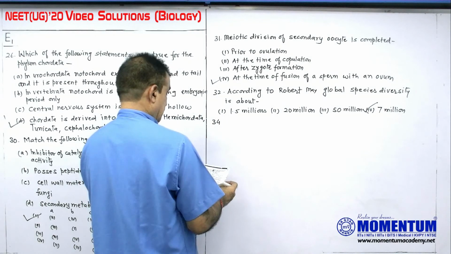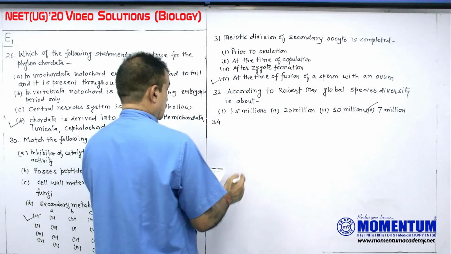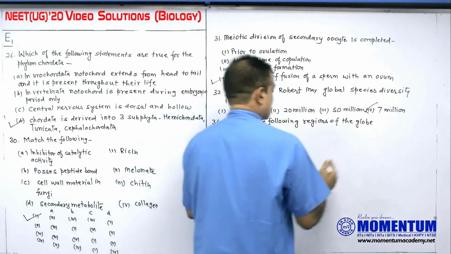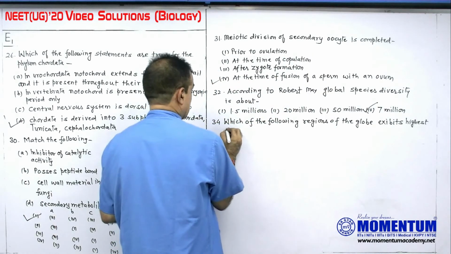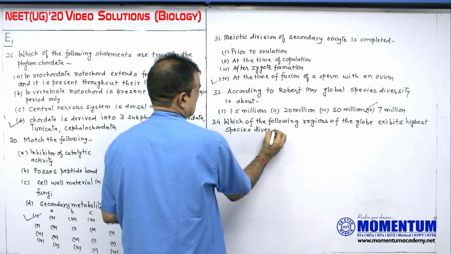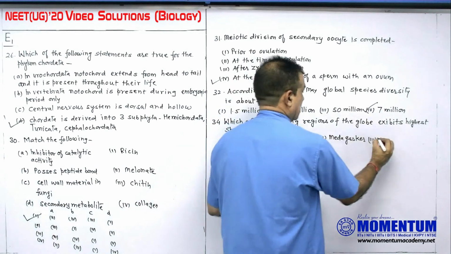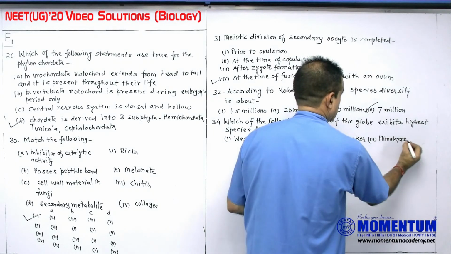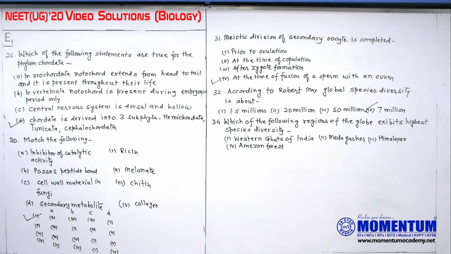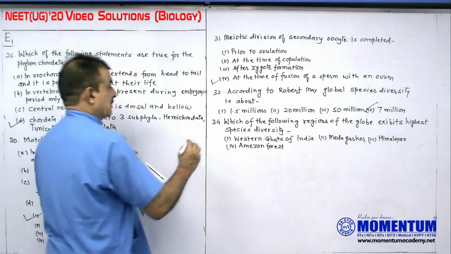Question 34: which of the following regions of the globe exhibits highest species diversity? Western Ghats of India, Madagascar, Himalayas, Amazon forest. Out of these, Amazon forest is the correct option.